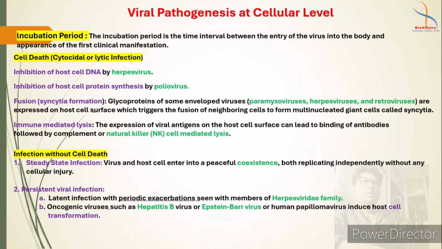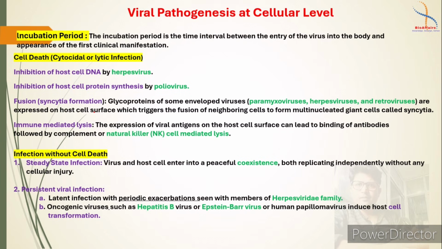First we will be seeing the pathogenesis at cellular level, what happens when a virus infects you. First of all is the incubation period. There are multiple viruses roaming around you, but among them the genetic characterizations are different. First you have to know the incubation period.